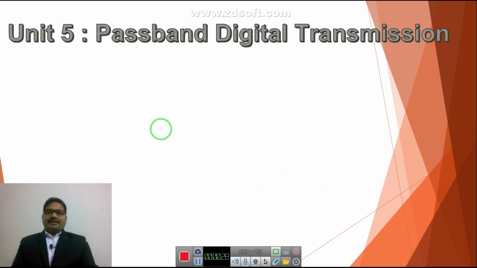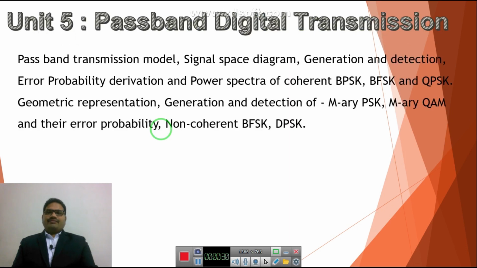Here is the content of your unit 5. In this, we are going to study the passband transmission model, then signal space diagram, generation and detection, error probability, power spectra of BPSK, BFSK, QPSK.